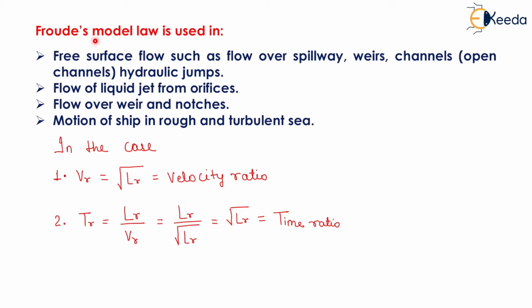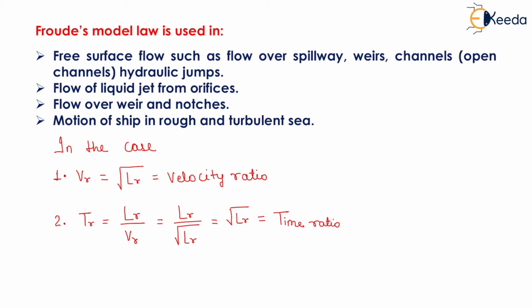Now Froude's model law is used in free surface flow such as flow over spillways, weirs, channels, hydraulic jumps, etc. Flow of liquid jet from orifice, flow over weirs and notches, motion of ship in rough and turbulent sea.